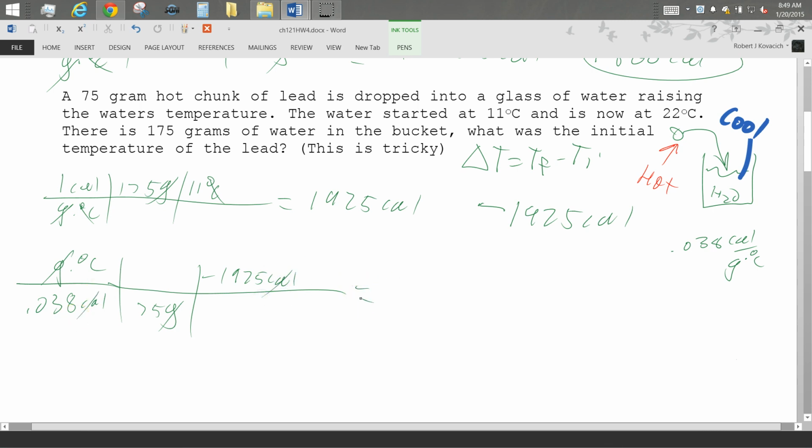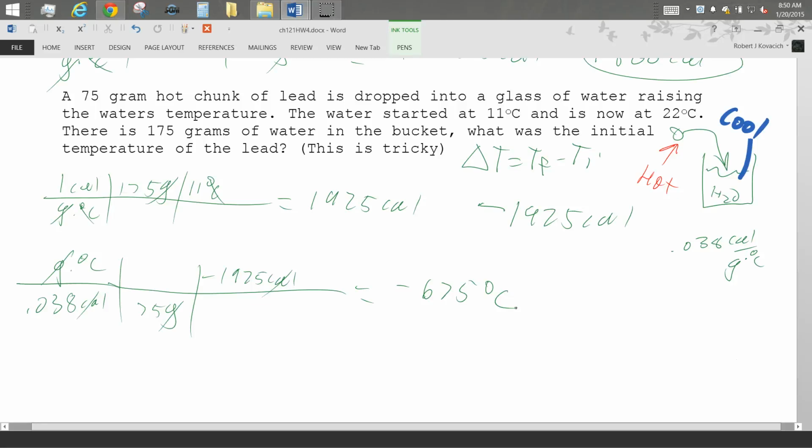So then I've got negative 1925 divided by 0.038 divided by 75. And I get negative 675 degrees Celsius. Is that my answer? No. So what is that number?